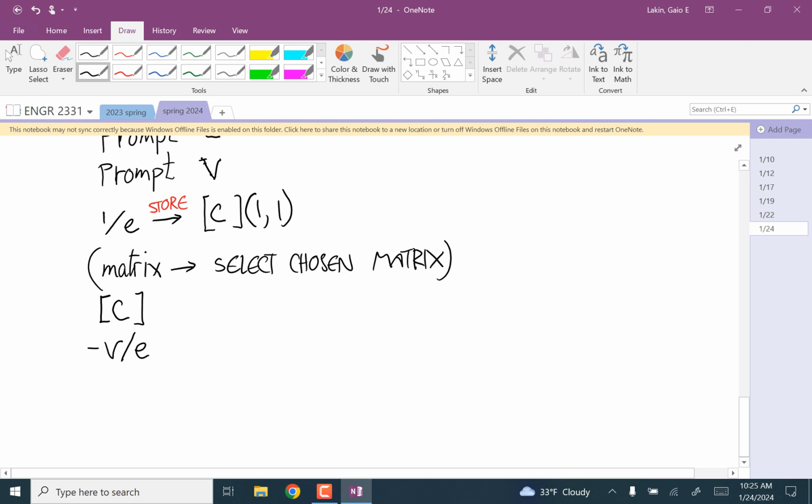So now we're going to put this value into C1,2. And we're going to put it into C1,3.